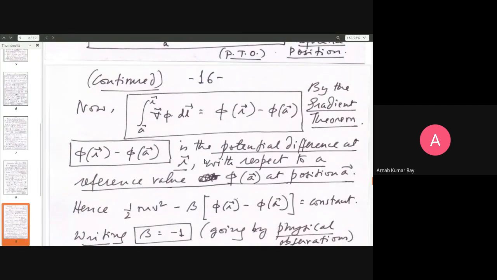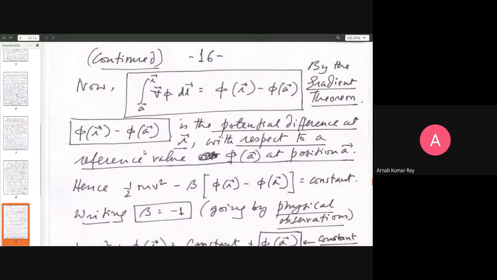We always measure potential difference with respect to a reference point. In all your electricity problems, you'll say the potential difference applied between this point and this point in a circuit is the potential drop, the potential difference. So that is the thing. You're not measuring potential, you're measuring potential difference. It comes from this gradient theorem actually.